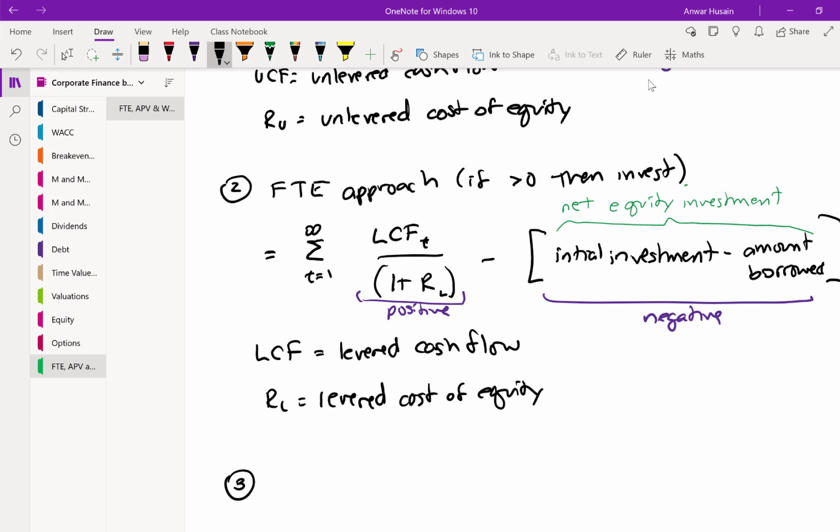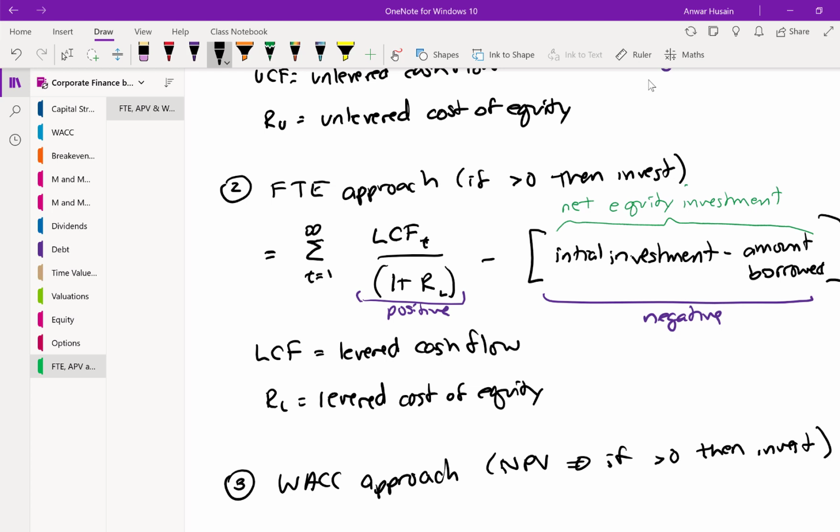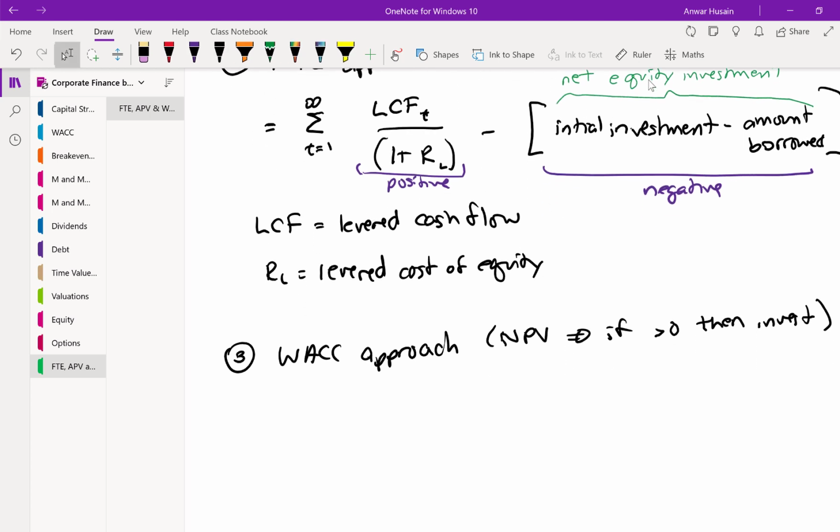And the third one is the WACC approach. This one I've done several videos on. This is basically NPV. And then you can say that if this is also greater than 0, then you invest. And the formula for NPV is pretty simple.